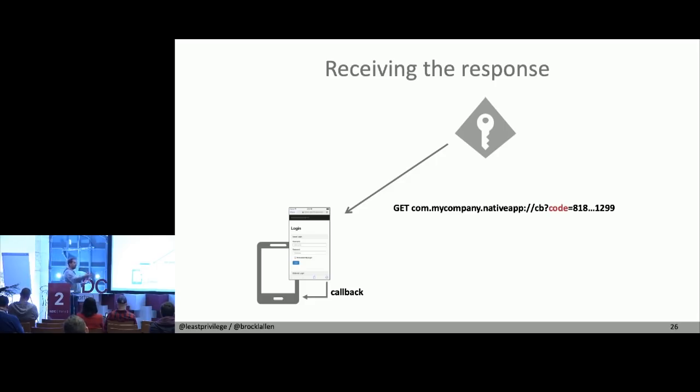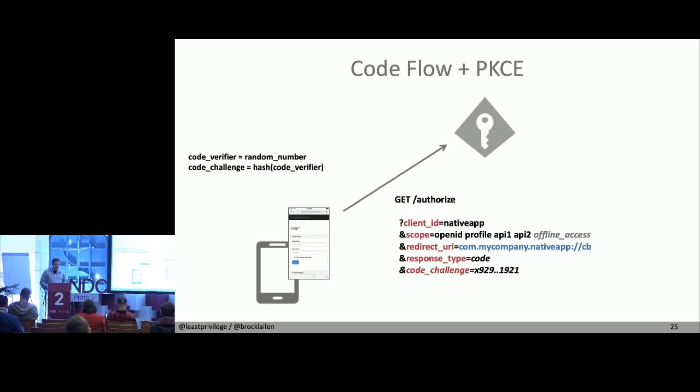You open the back channel, get your tokens. There's one more thing. I mentioned that there's a second technique to mitigate code substitution. It's called PKCE, proof key for code exchange, and that's what's being used here. Before the client application opens that outgoing call, it creates a secret, a random number, which is only used for one single request, and then it hashes that random number and sends it along.